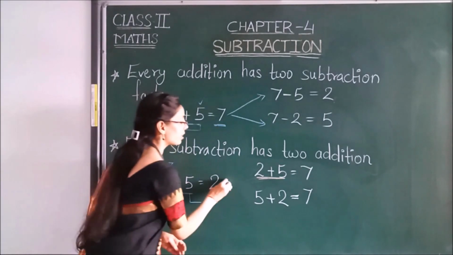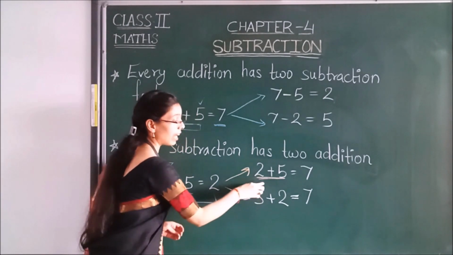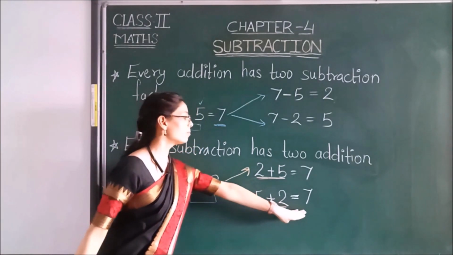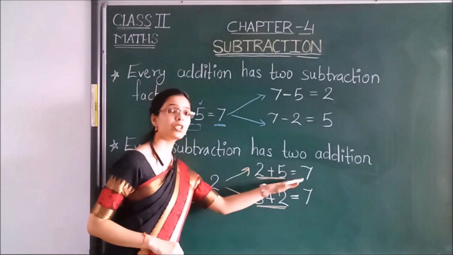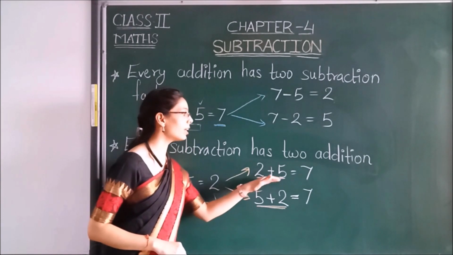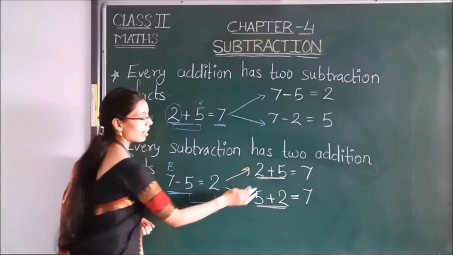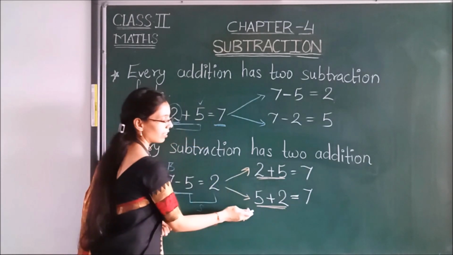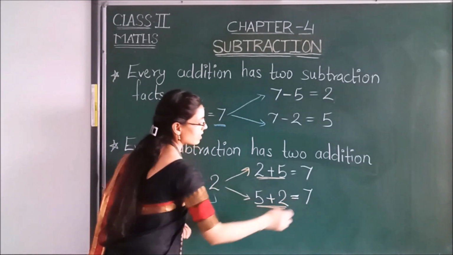This is one addition fact. And in another order, 5 plus 2 is equal to 7.